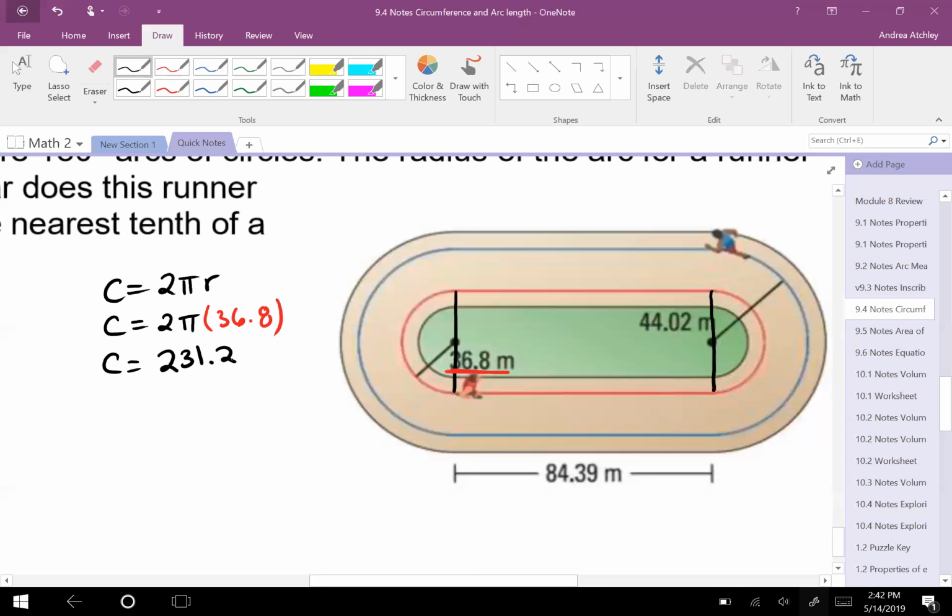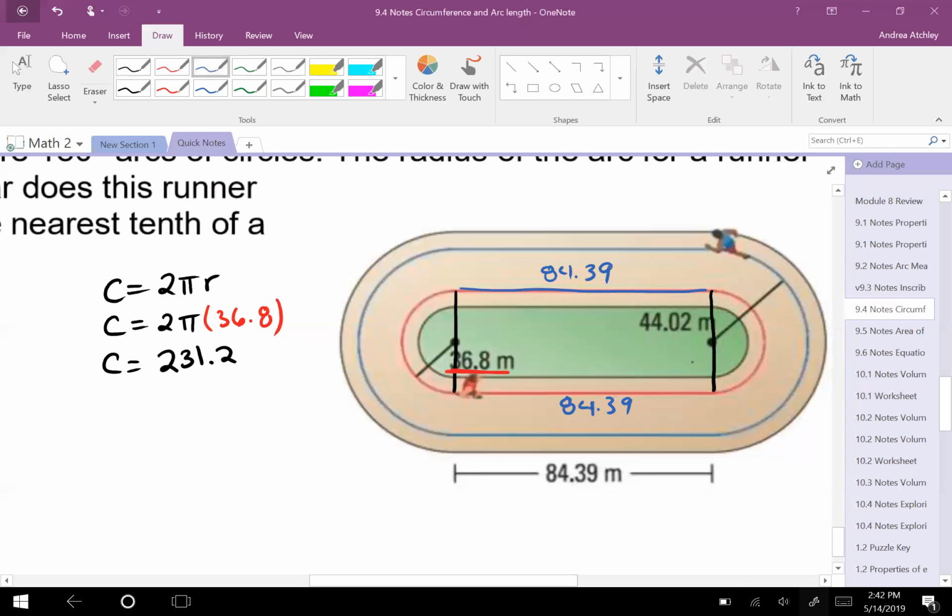Okay, they gave me that this distance from here to here was 84.39. If this is 84.39, that makes from here to here also 84.39. This is 84.39.